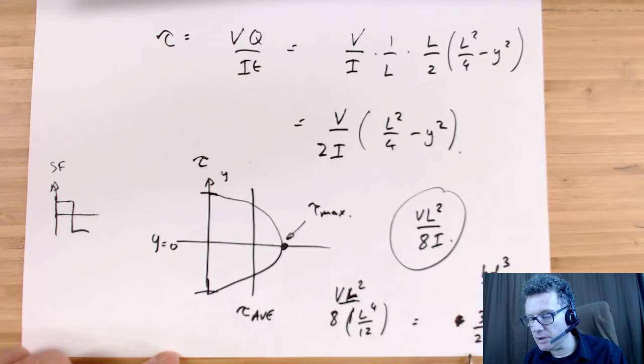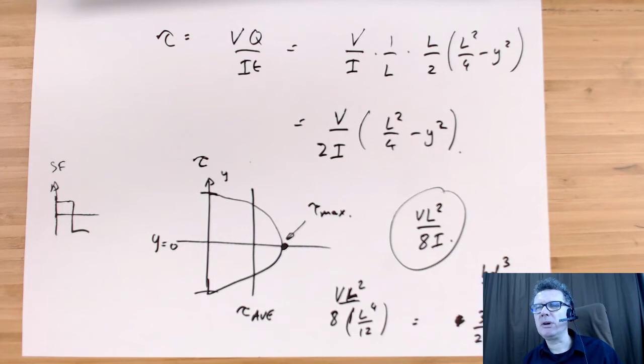And the difference is 1.5, so we're looking at 50% higher shear if we were basing our structural integrity calculations just on that calculation there. So we have to be a bit careful if, for example, shear was important in the structural integrity of our, in this case, beam or bolt or whatever it might be.